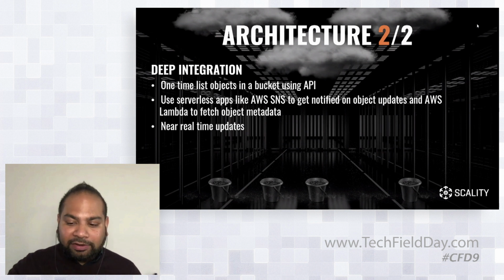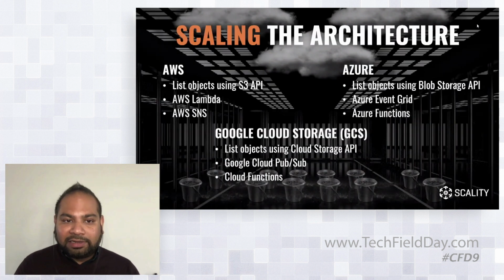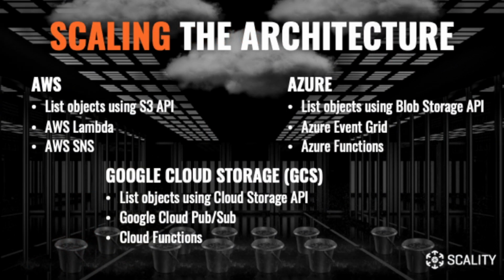That works for AWS, but how does this play out for different cloud storage vendors? We found a lot of parallels across the three main cloud storage vendors that a lot of our customers use today. AWS has list objects using the S3 API. Azure has a list using the Blob Storage API.